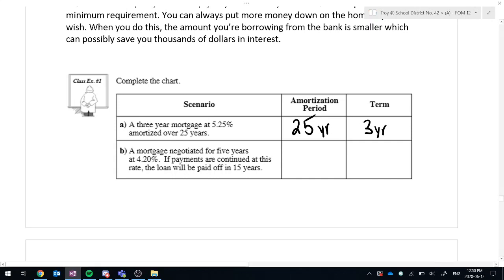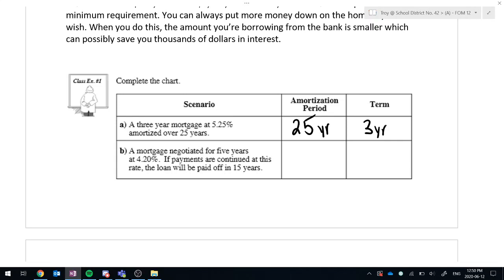So they're going to pay this mortgage at 5.2% for 3 years. After the 3 years, of course, they will have 22 years remaining on their mortgage, but they're most likely going to negotiate a new interest rate with their bank afterwards.